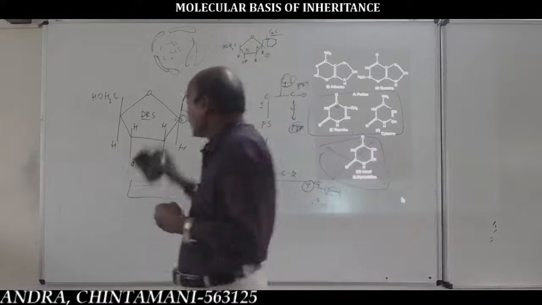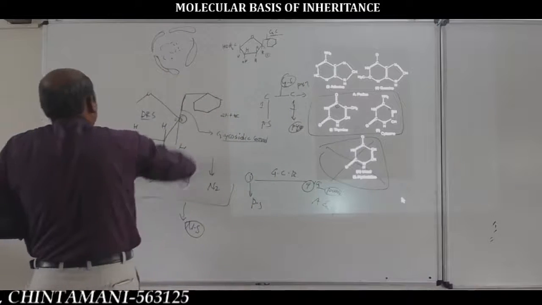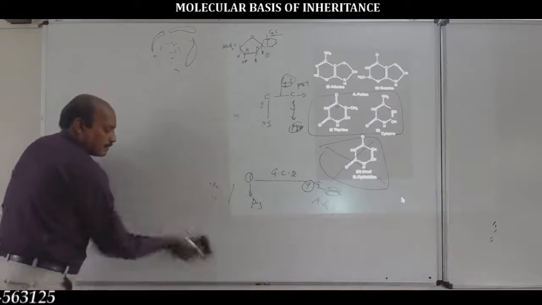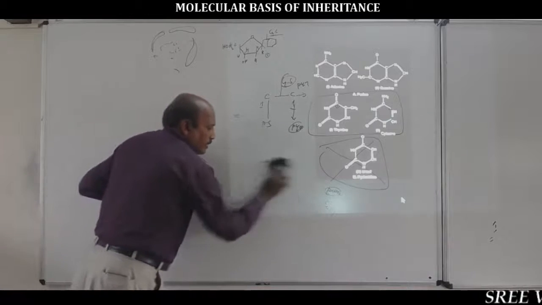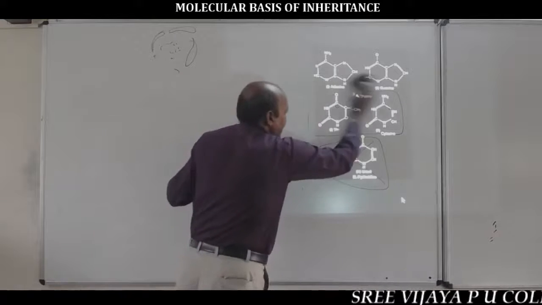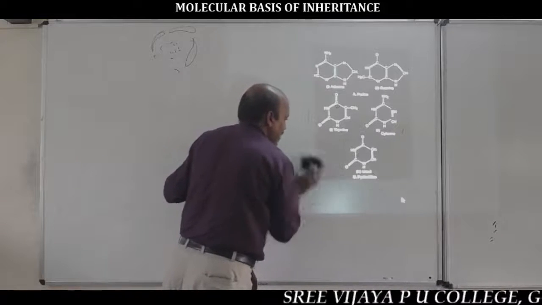Important: there are 4 different types of nucleosides. That is deoxyadenosine, deoxyguanosine, deoxycytidine, and deoxythymidine.